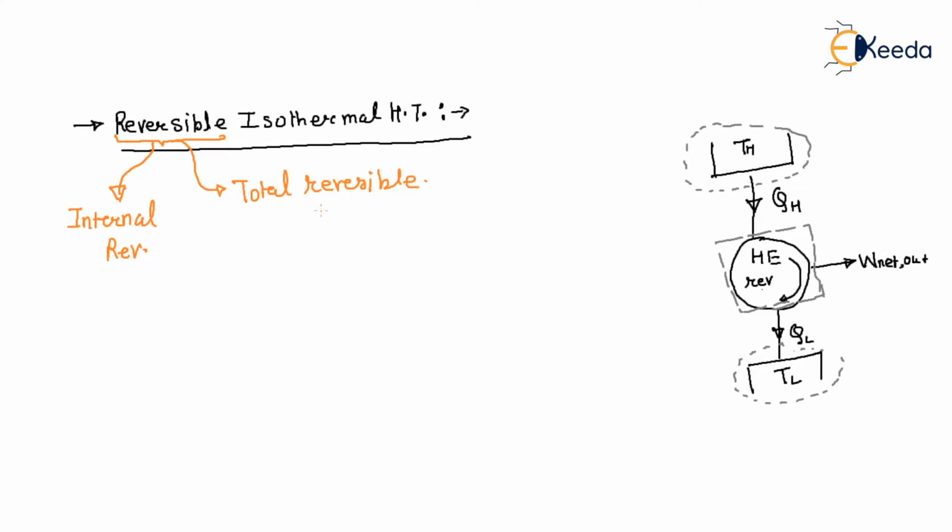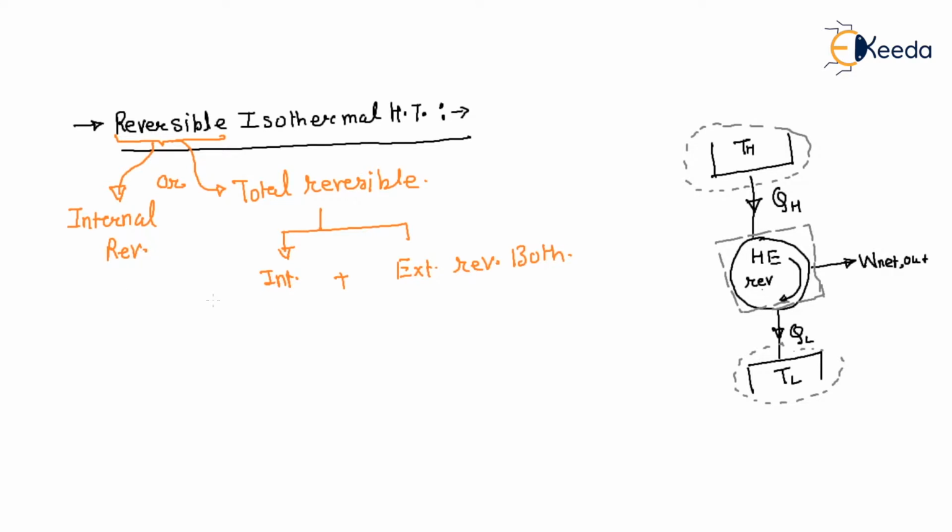That means it is internal plus external reversible, both, right? So when we use the word reversible, that means either it is internally reversible or it is totally reversible, right?